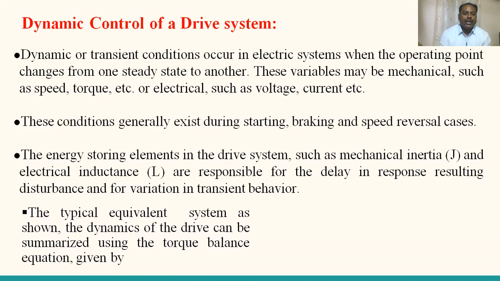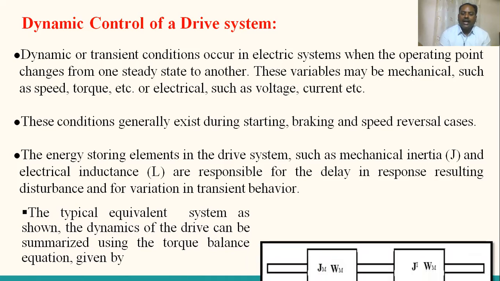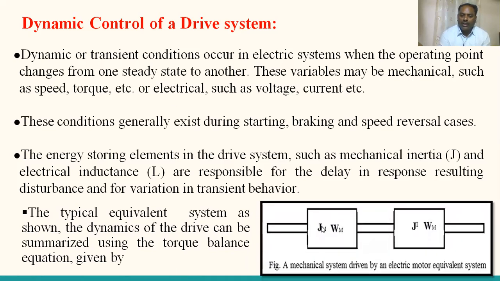A typical equivalent system is as shown. Here, simply a motor shaft. The motor has a moment of inertia Jm, and omega m is the motor speed. This is the shaft of the motor. It is coupled to an external load which has a moment of inertia J dash.